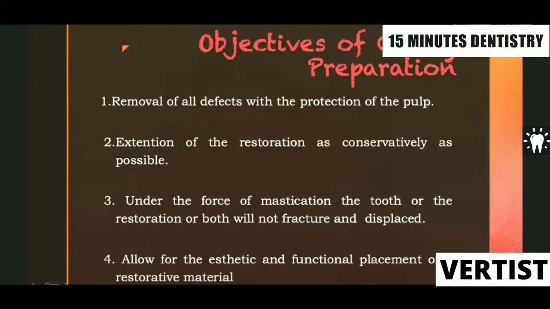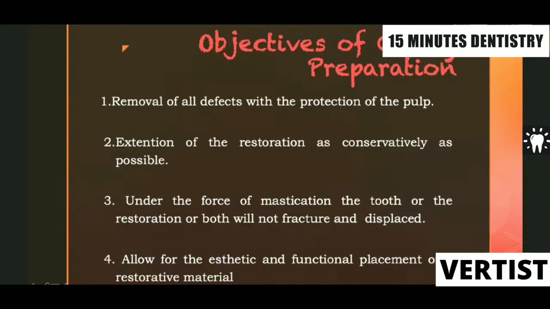So, you should remember these 4 or 5 objectives that are there. Now, having understood these objectives, let me again repeat for you: removing all the defects. The defect can be a crack, it can be a discoloration, it can be dental caries. Then you protect the pulp. Then, if required, extend the restoration in a conservative manner, so you get a better form and contour, and you can take care of the various steps which I'm going to talk about.